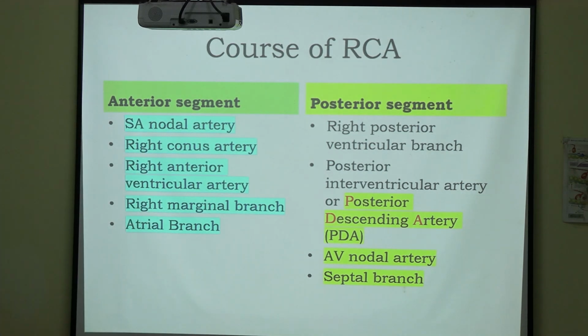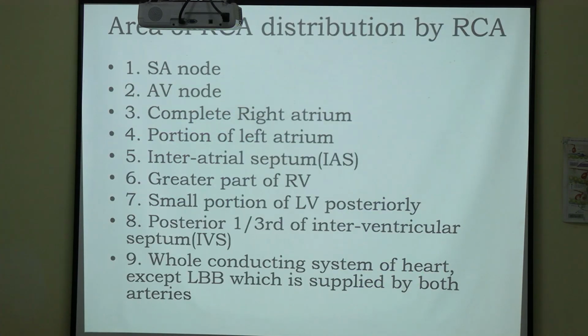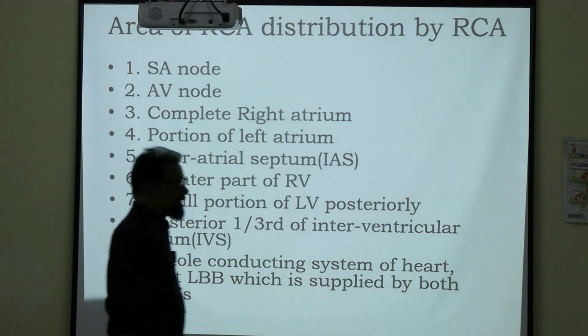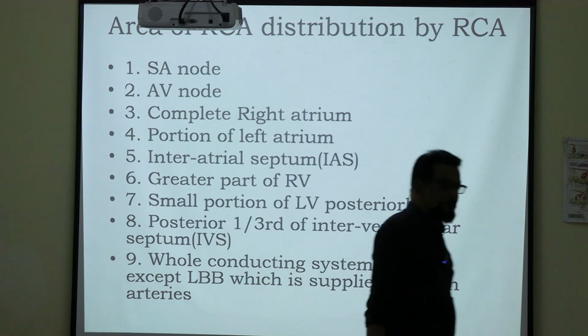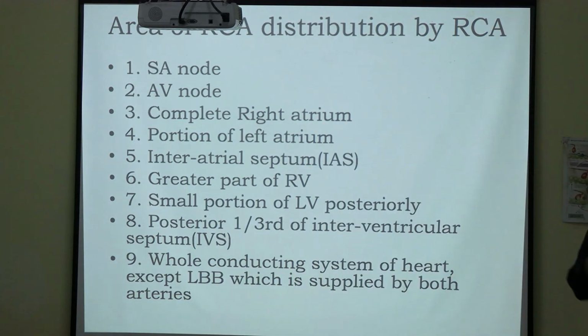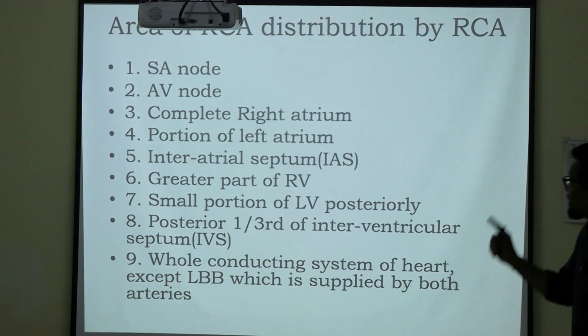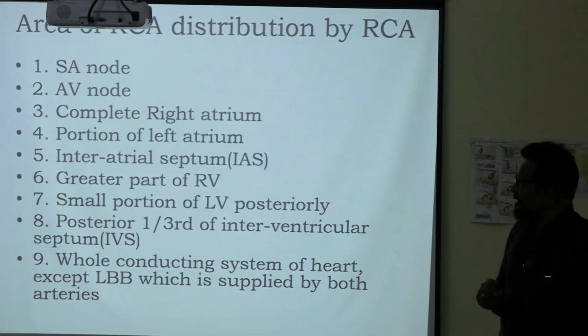Fine. So which part of the heart is distributed by the right coronary artery, the area of RCA distribution?